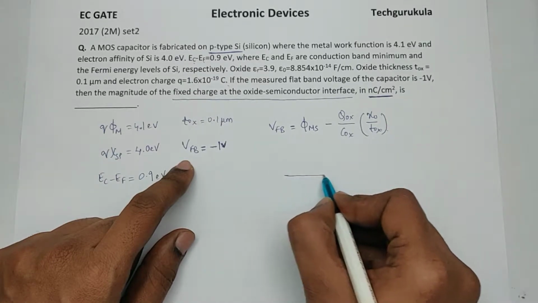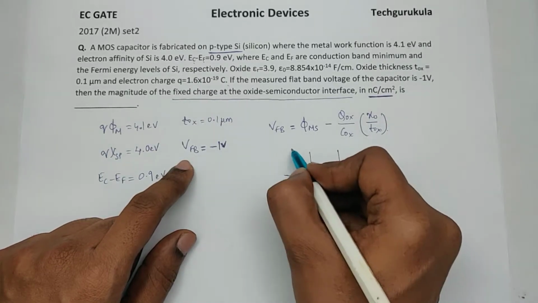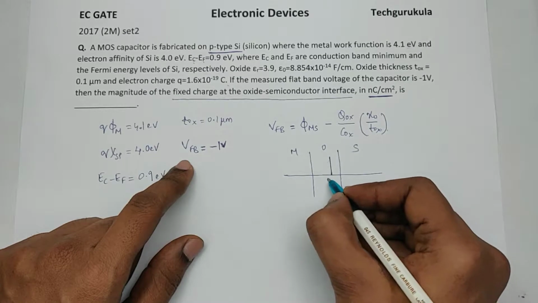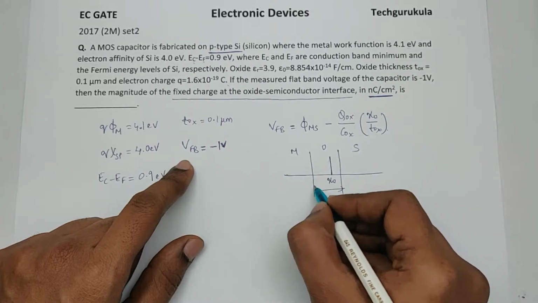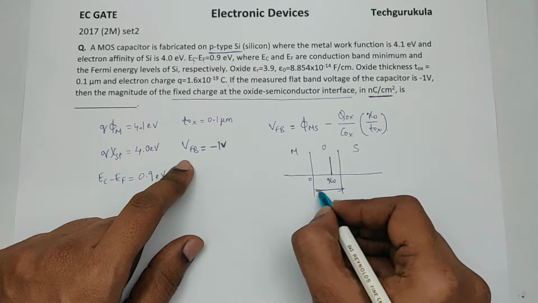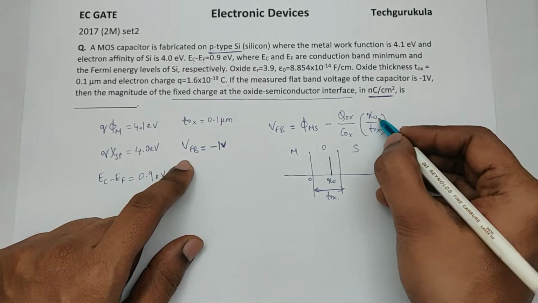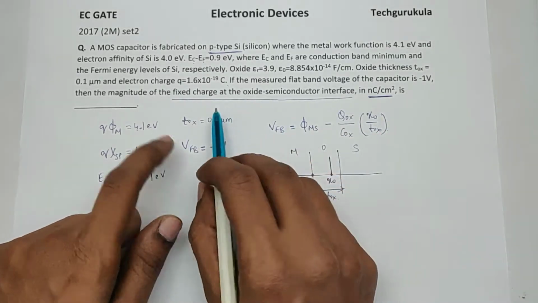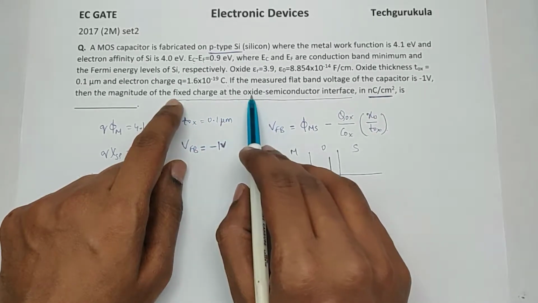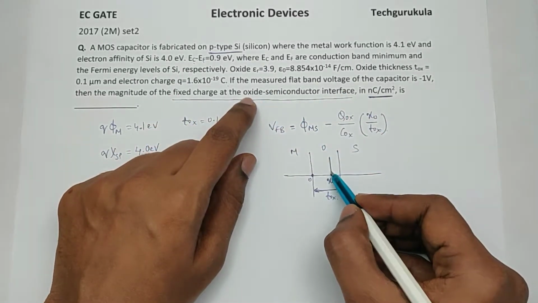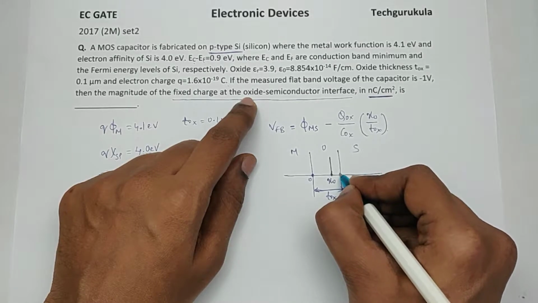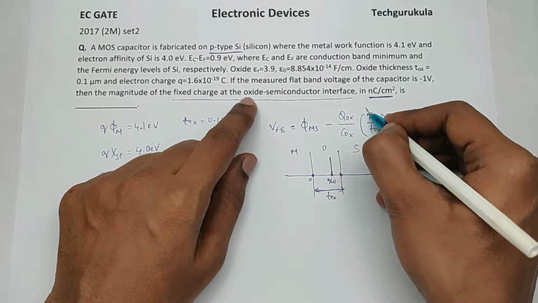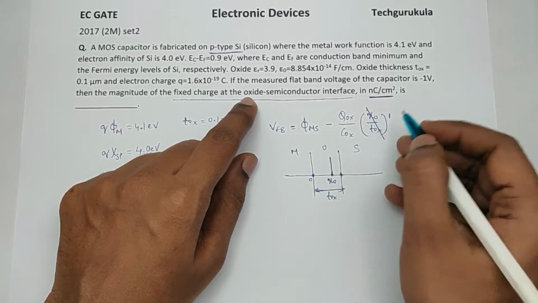If you divide this into metal, oxide and semiconductor, and the charges are present at X naught, with 0 at one end and thickness Tox at the other, X naught is where the charge sits. Here the fixed charges are at the oxide-semiconductor interface, so X naught is Tox, and the ratio is 1.